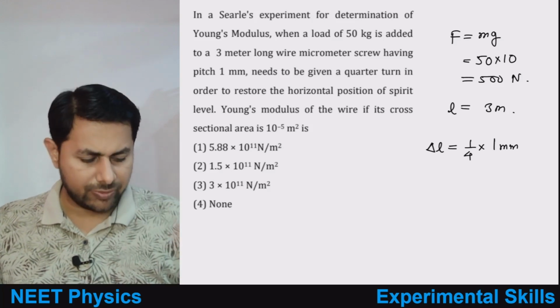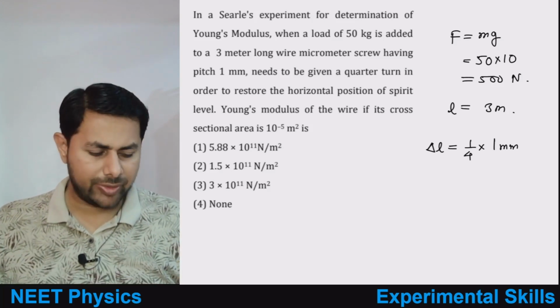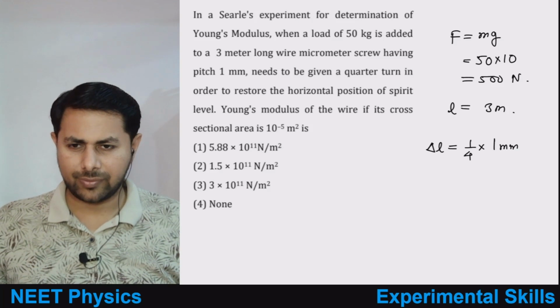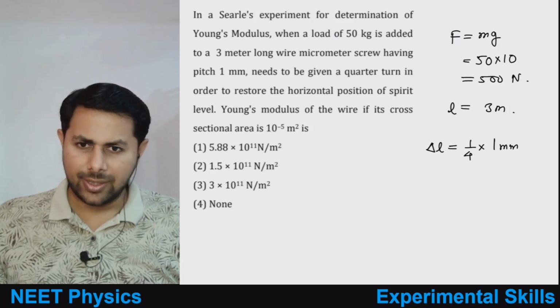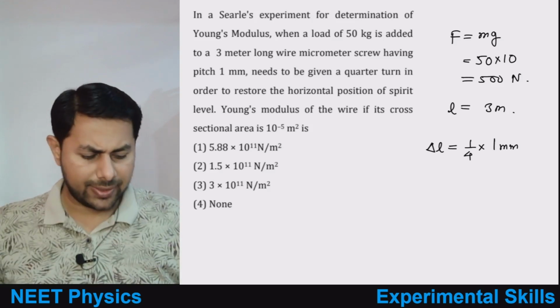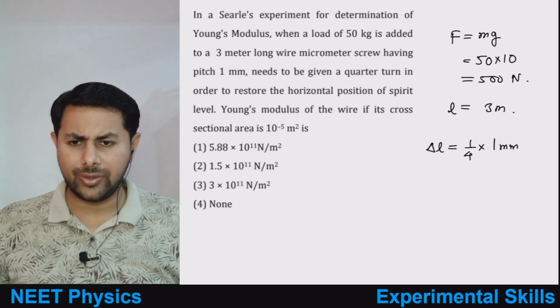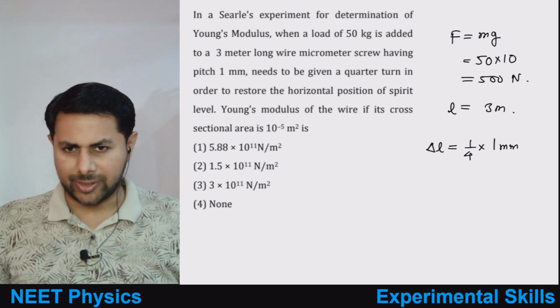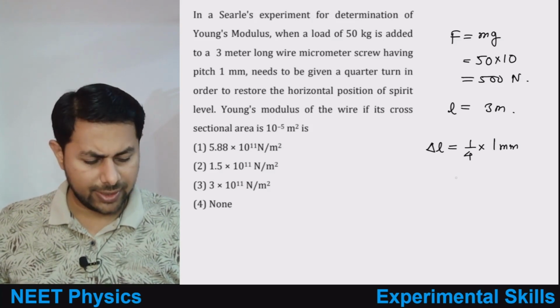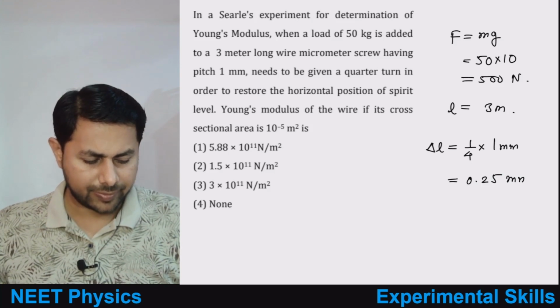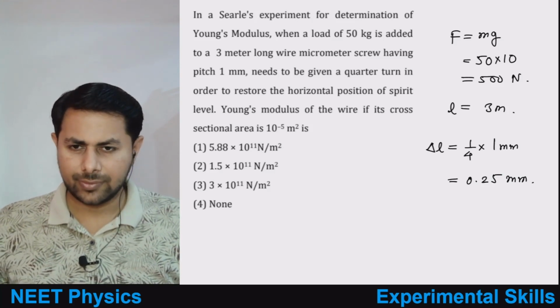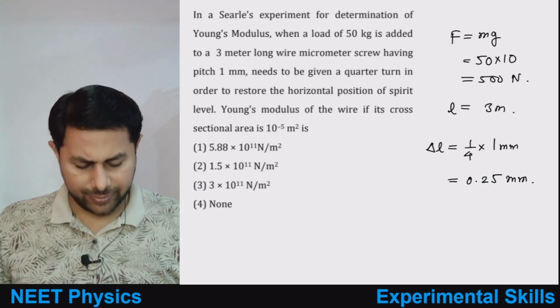If 2 rotations were given, then delta L would be equal to what? 2 times the pitch. A 1/4 rotation is given to restore the spirit level back. That means the delta L is equal to what? 1/4 of the pitch. Is this thing clear? Tell me. 0.25 mm. Okay, yes, no?